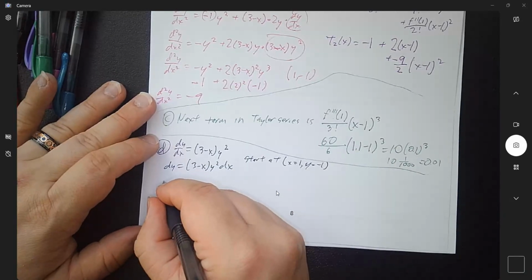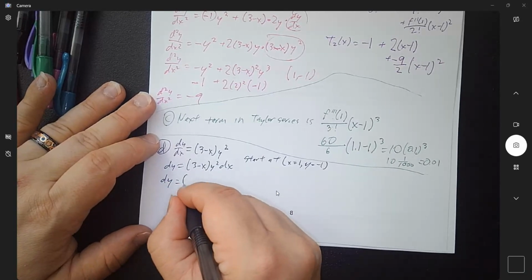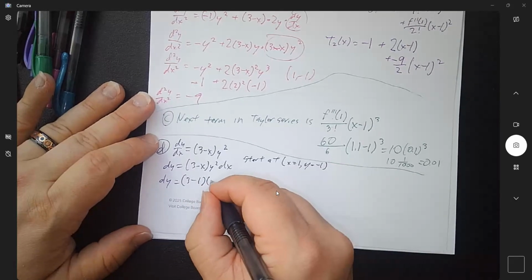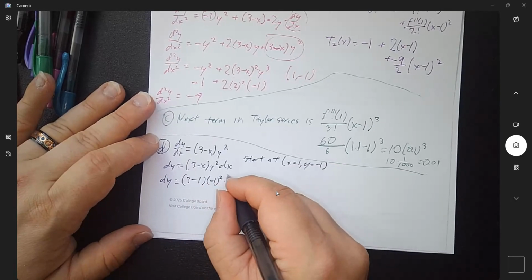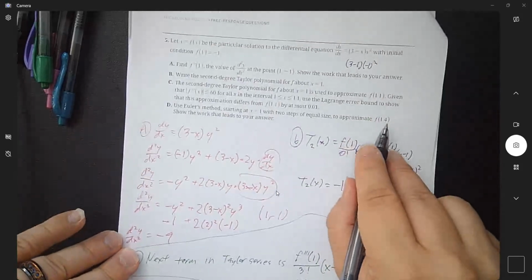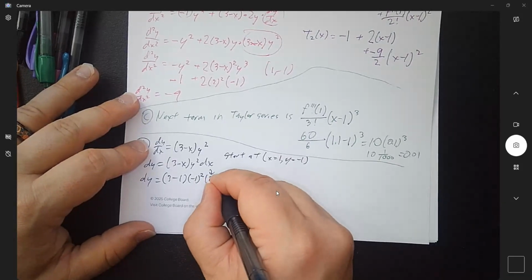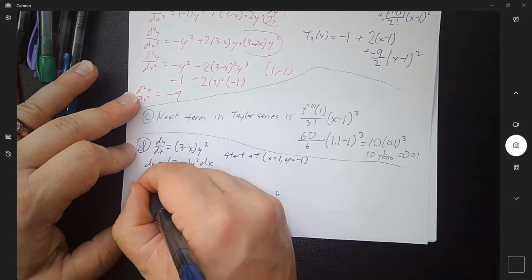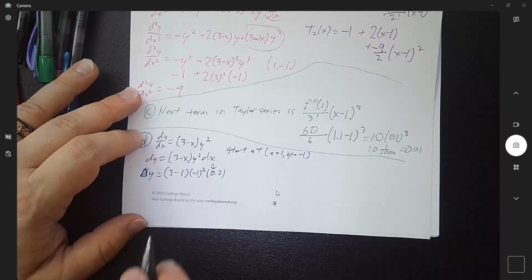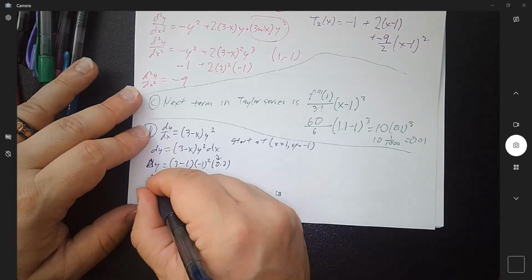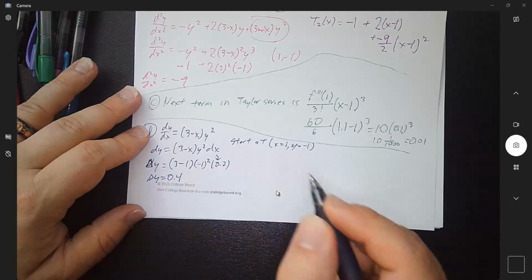So dy is going to be 3 minus 1 times negative 1 squared, and the two steps are going to have to be 0.2 each. To go from 1 to 1.4, you have to do 0.2, then another 0.2. So this is going to be a delta y. 2 times 0.2 is 0.4. The delta y is 0.4.